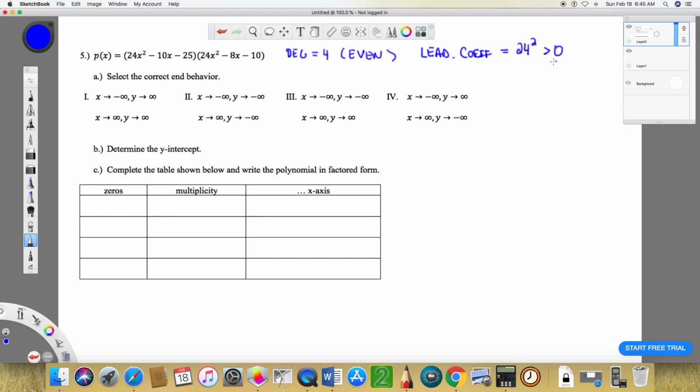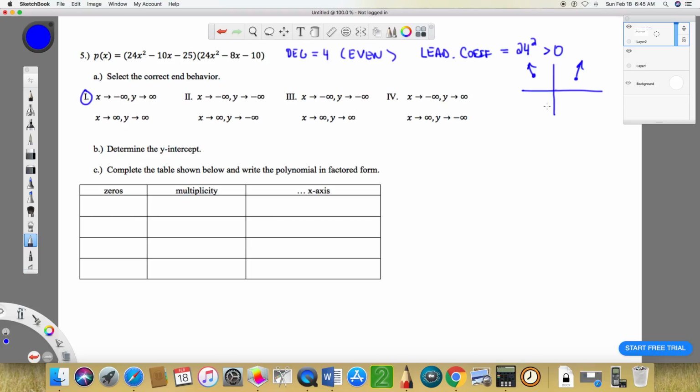That's definitely a positive number. So it's even and it's positive, so it's going up and up. And that is choice 1 here. The graph, when you're far away from the origin, it'll be going up and up. We don't know how these 2 points are connected, but they're connected in a smooth and continuous fashion.